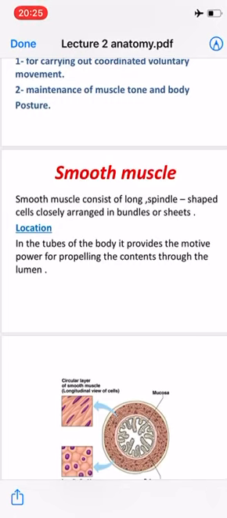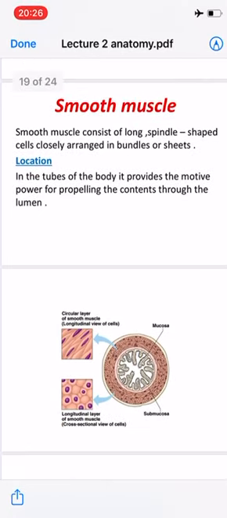Smooth muscle consists of long spindle-shaped cells closely arranged in bundles or sheets. العضلات الملساء مرتبة بشكل تكون عبارة عن خلايا طويلة شكلها مغزلي ومترتبة بشكل متقارب بهيئة حزم أو طبقات.